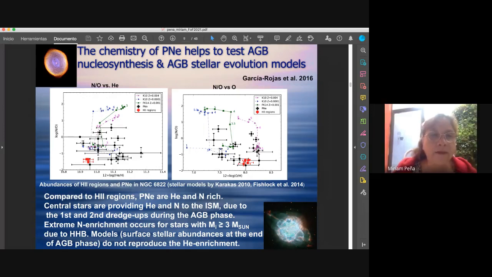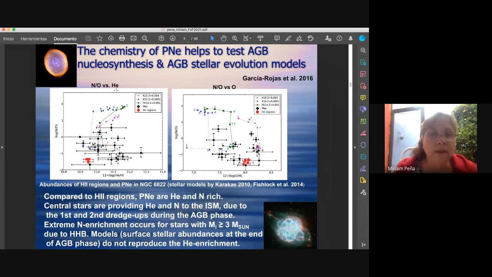And these are the red dots. And in black, we have the behavior of planetary nebulae. And we have added to these graphs the behavior of stellar evolution models by Karakas 2010 and Fishlock et al. 2014. These are the lines here.